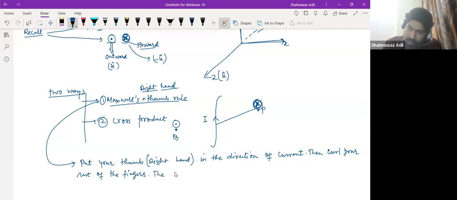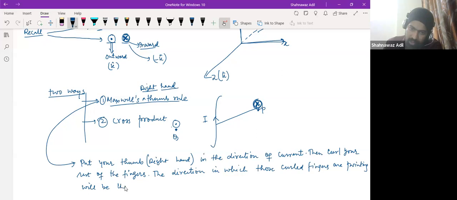The direction in which the curled fingers are pointing will be the direction of the magnetic field.